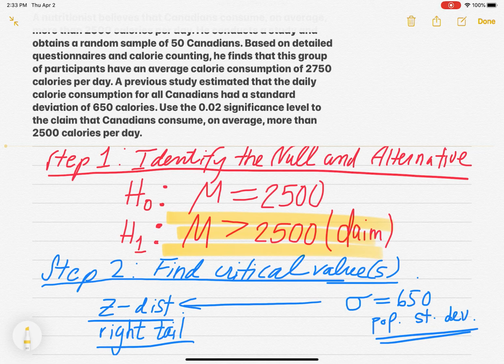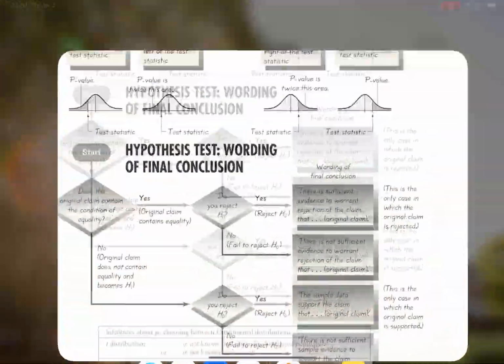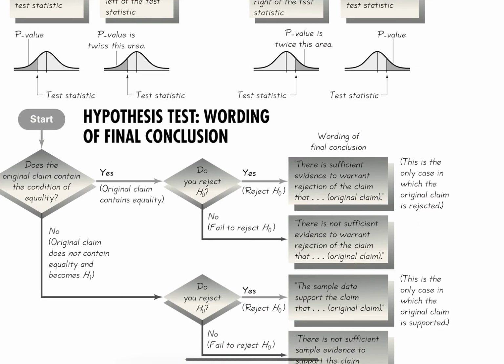So that's the claim we were testing. It did not involve equality. Does the original claim contain the condition of equality? No. Did we reject the null hypothesis? Yes, we just rejected the null hypothesis. We said we're going to reject H0.